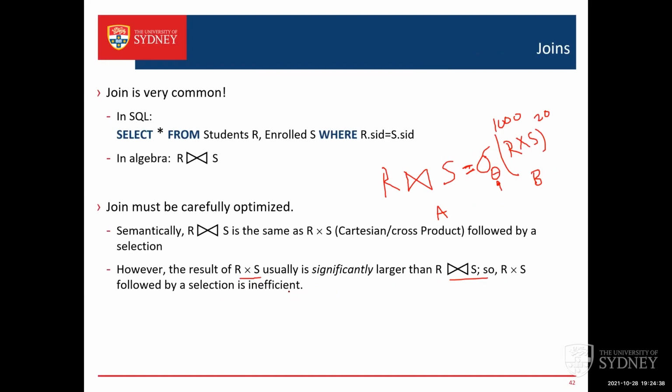Someone is asking, if there are no same tuples at all, will the natural join output 12 for this example? Can anyone else answer? If there is no same tuple, that simply means no same row, what will the natural join output?